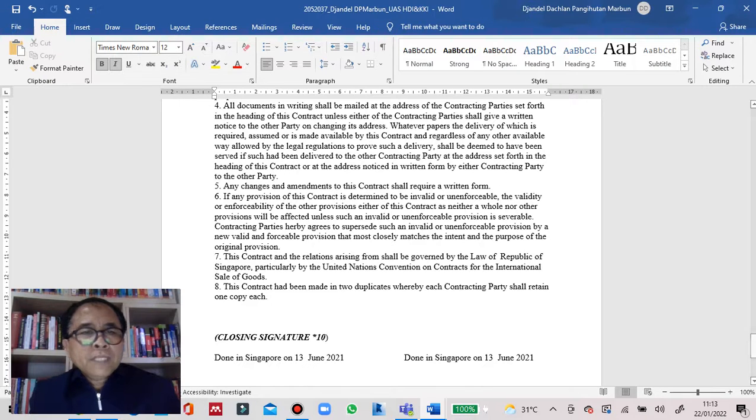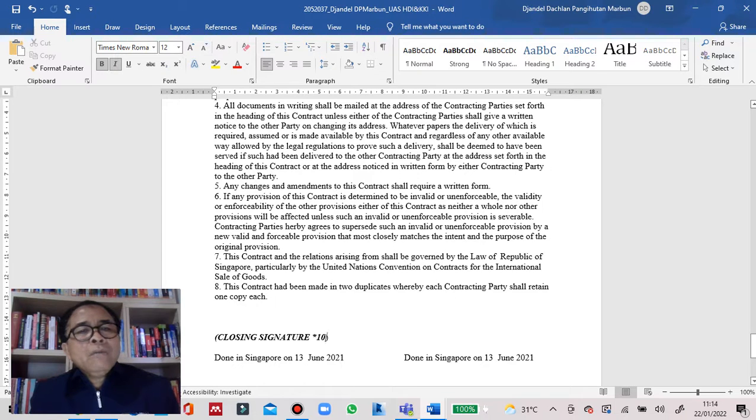6. If any provision of this contract is determined to be invalid or unenforceable, the validity or enforceability of the other provisions of this contract as a whole will not be affected unless such invalid or unenforceable provision is not severable. The contracting parties hereby agree to replace such invalid or unenforceable provision by a new valid, enforceable provision that most closely matches the intent and the purpose of the original provision. 7.